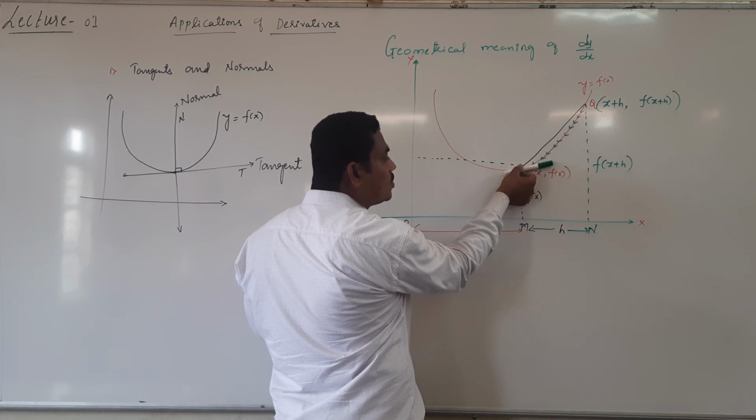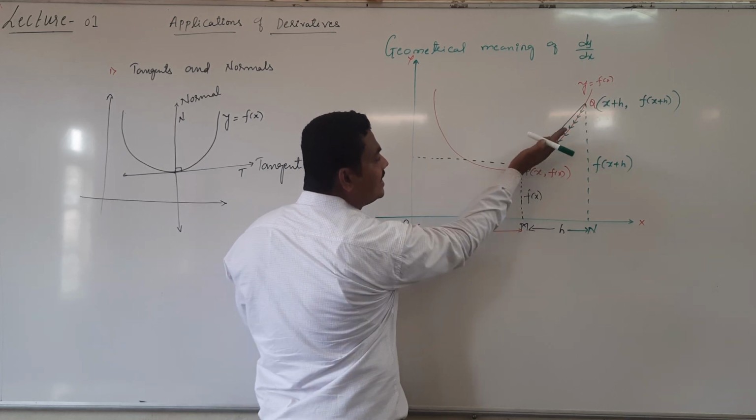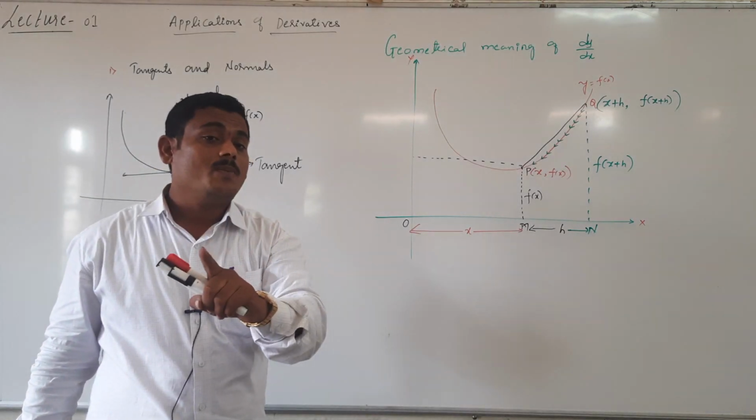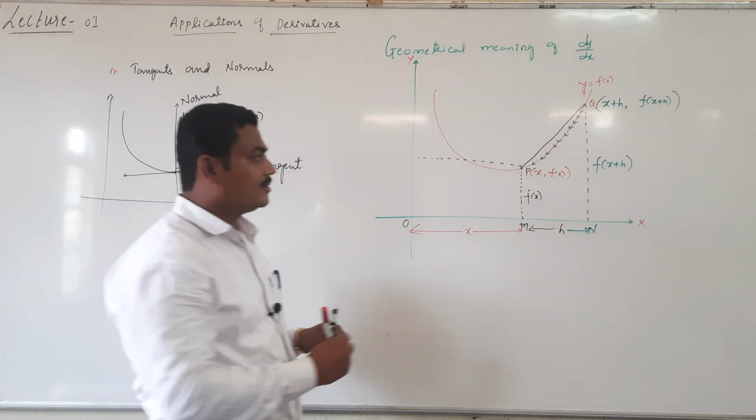If it is very close to P, then this secant line looks like a tangent line. Whenever Q approaches P, PQ becomes a tangent.